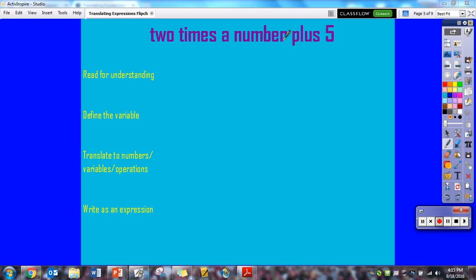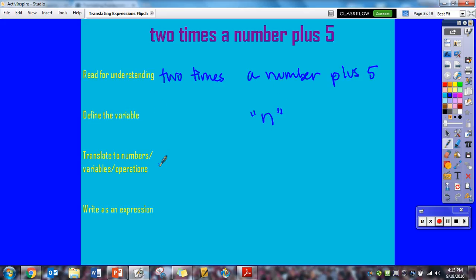Okay, so 2 times a number plus 5. Let's read for understanding. So we have 2 times a number, and we have plus 5. Then we need to define the variable. Well, the only variable we need to define is a number, so we'll call that n.